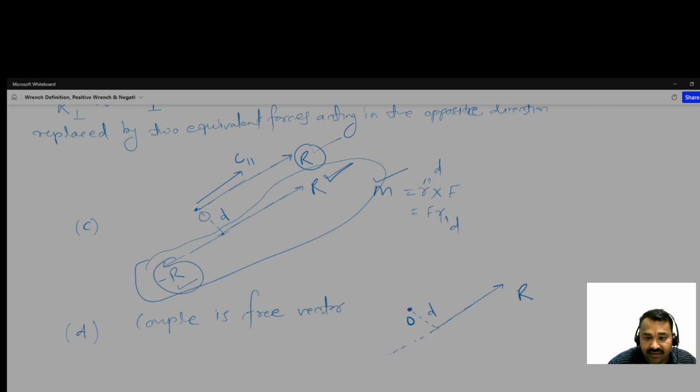in the line of action of the resultant, as it is a free vector. So I forgot to mention the direction, and this is the direction.